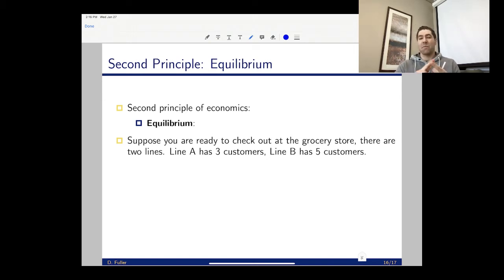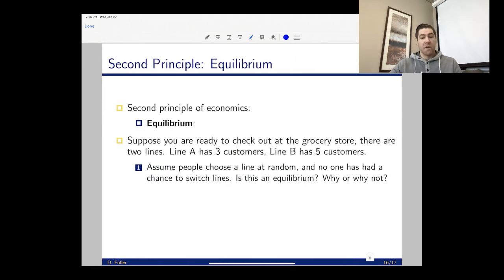So I need to decide, is everyone behaving optimally? I'm going to assume, in some cases, that they are. And then, the equilibrium has something to do with the speed of the 2 lanes. One way I could look at this is to assume that everyone has chosen the line at random. If everybody chose the line at random, would this be an equilibrium? Why or why not?